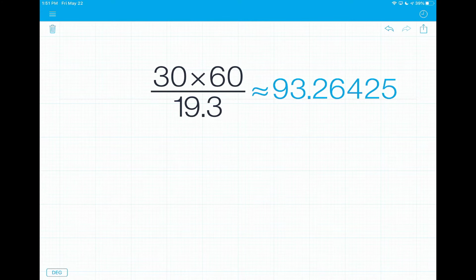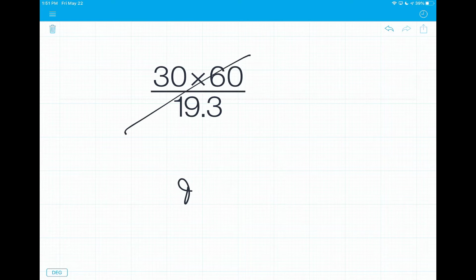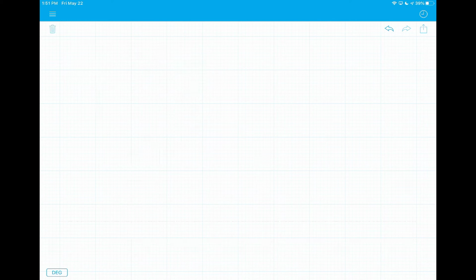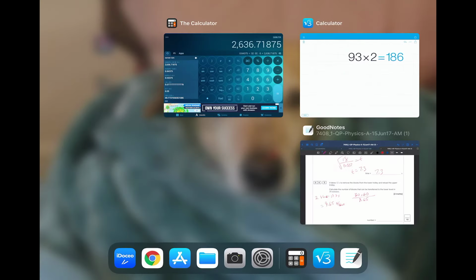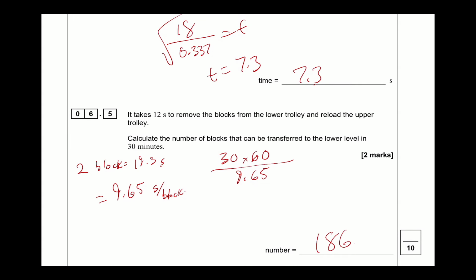So you can get 93 trips in there. 93 times 2 is 186 blocks. So what did I say that was?